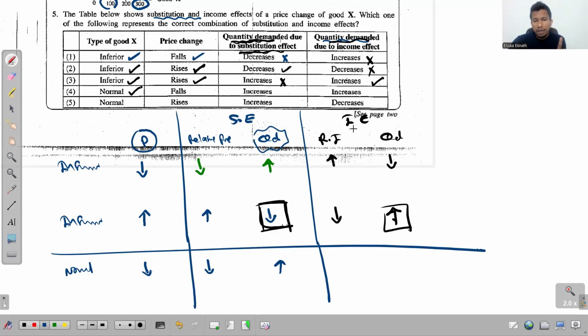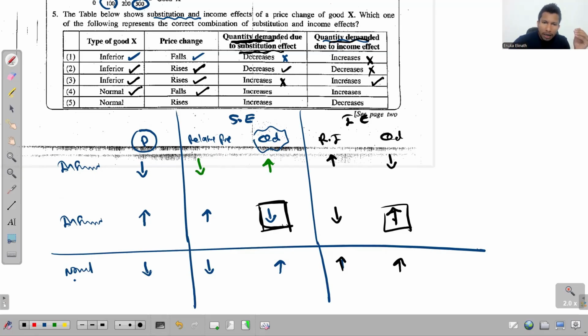And now focus on the income effect. This is a normal good and the price of the product decreases, so the real income goes up. Real income increases. And when real income increases, since this is a normal good, even the QD value will increase. Right. Now we will look at the provided answer. It's a normal good, price falls as per the discussion we had.